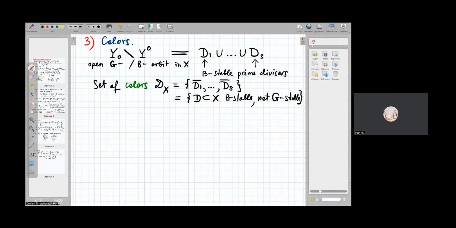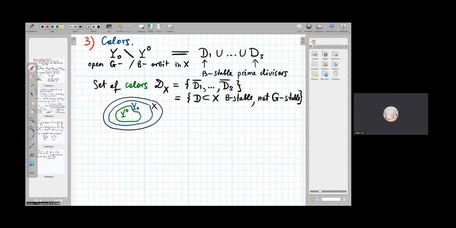Maybe again, let me draw a picture for you, as I always do. So we have this X. We have an open G orbit in X, Y lower naught. And we have the open B orbit in here, Y upper naught. So what is a color?